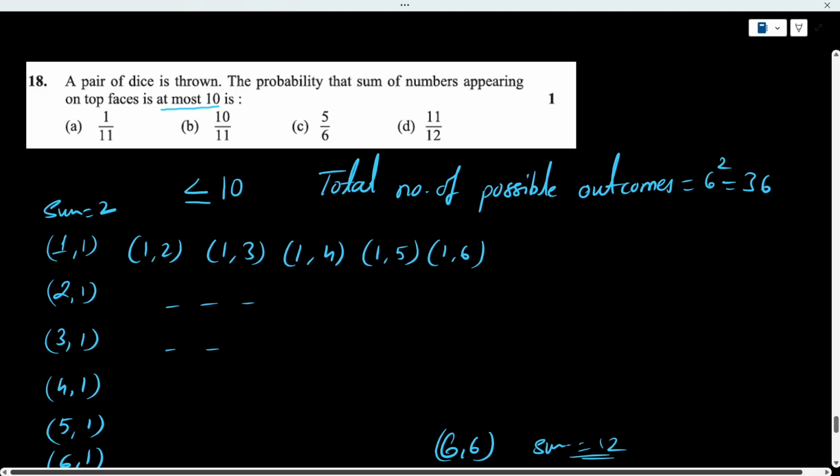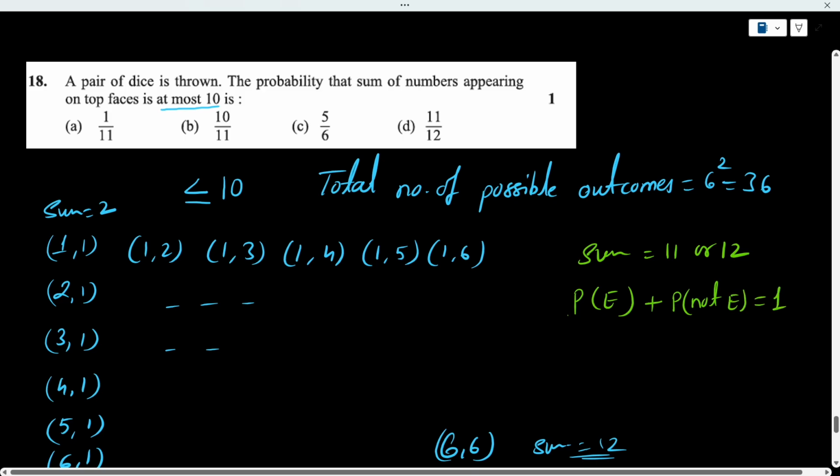Now there will be many outcomes if you are calculating the sum from 2 to 10. So what can I do here? If the sum is not at most 10, the sum can be 11 or 12, right? So if you remember, you have learned one rule: P of E plus P of not E is always 1.